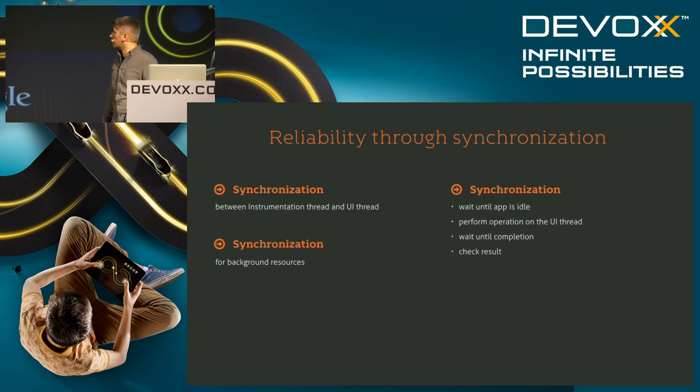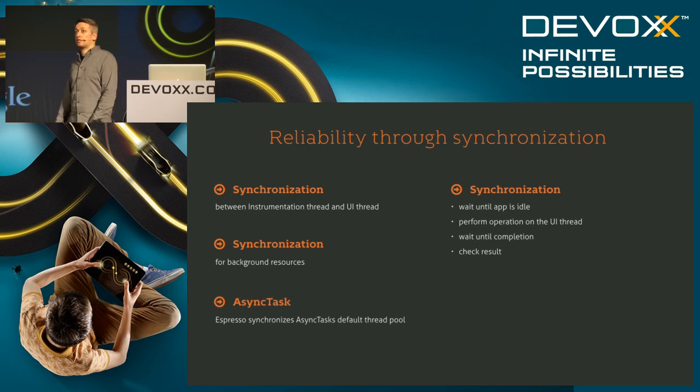What is also good is that you will not always have all your logic running on the UI thread. Sometimes it's important on Android, when you have a long-running task, to pop to a background thread. Espresso will also need to do synchronization. The good thing is that certain things can be done by Espresso.